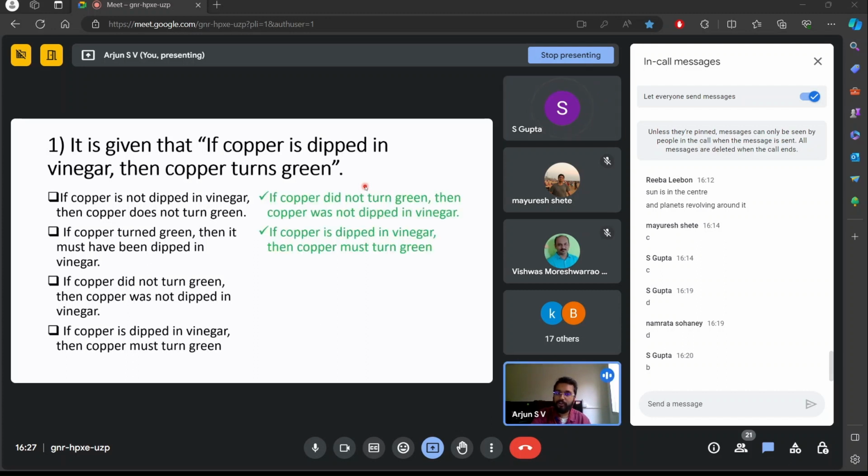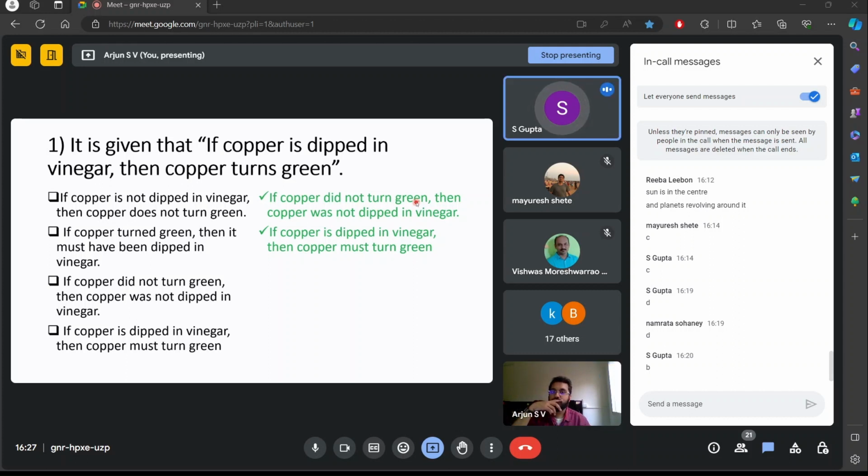Yes, sir. According to that, copper turning green is B. Okay, sir. So what would be not B, the opposite of B? Opposite of B, copper not turn green, sir. Yes, exactly. So copper did not turn green. That is the opposite of B. What would be the opposite of A here?